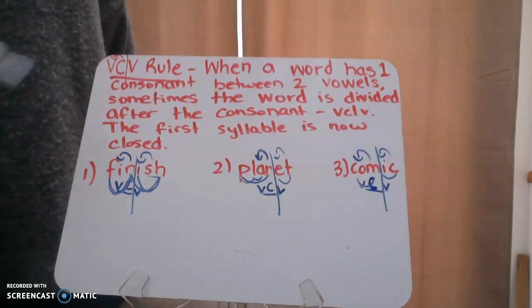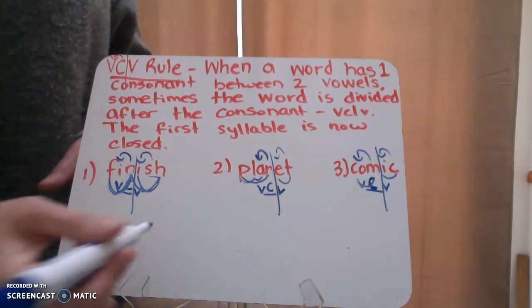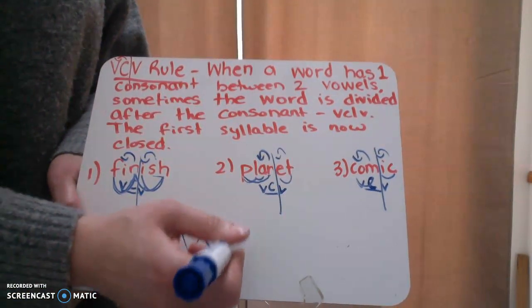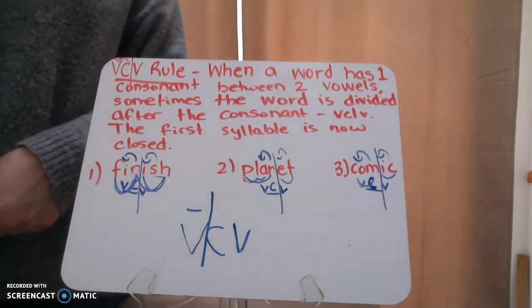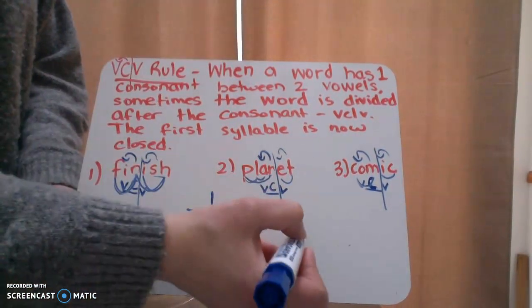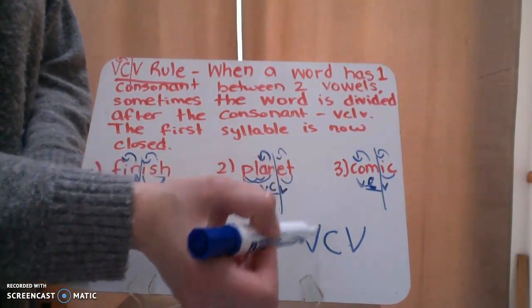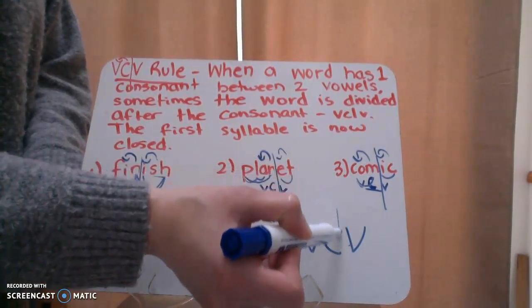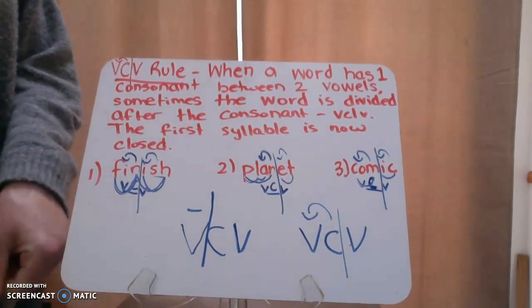Most of the times, we chop it after the vowel, and our vowel will say its name. But sometimes that doesn't sound right. So we have to try it a second way. So we chop our word after the consonant. And then our vowel will make its sound.